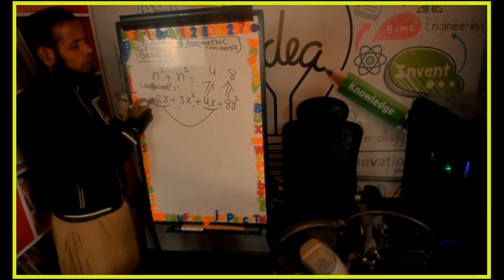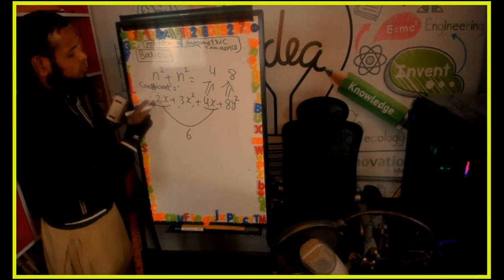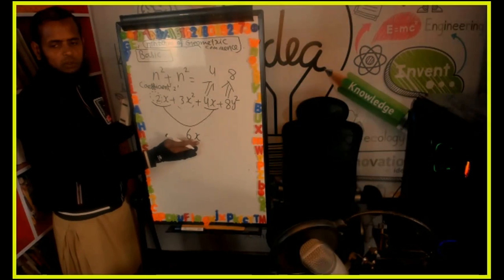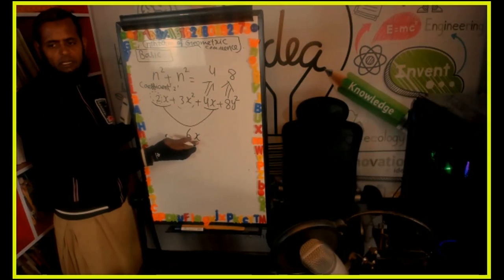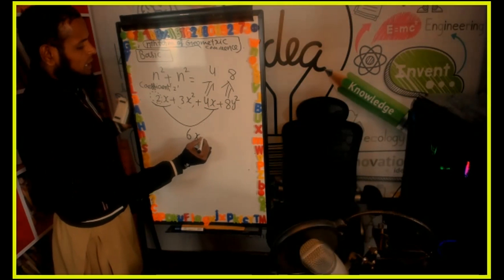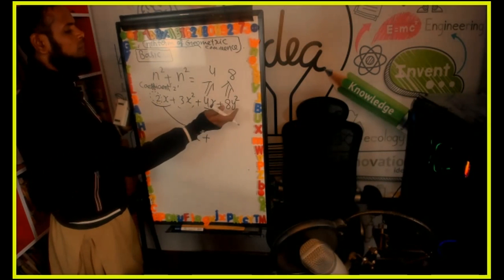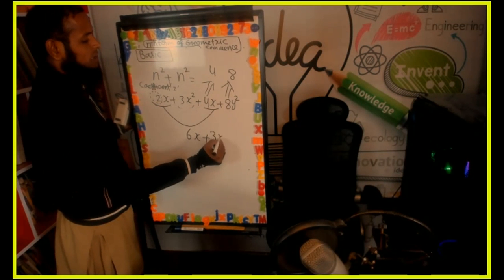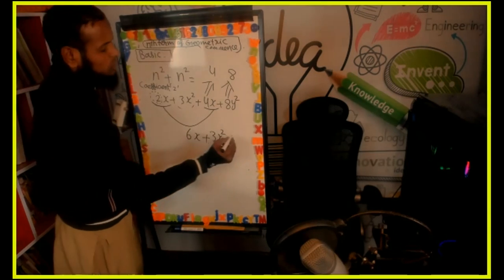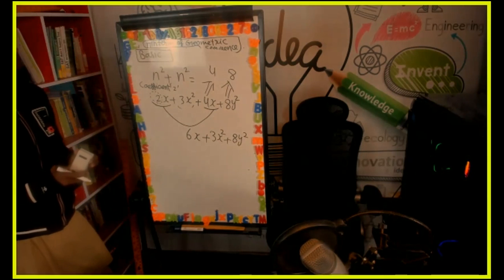It is positive 2 and this is positive 4, so it will become positive. 2 plus 4, the answer is 6, and we will write the same variable with the same power. Clear? And 3x square is different. There is no like term, so we will write it again as 3x square, and 8y square has no other like term, so we will write it as 8y square. Clear?